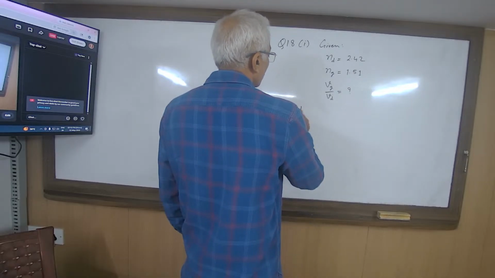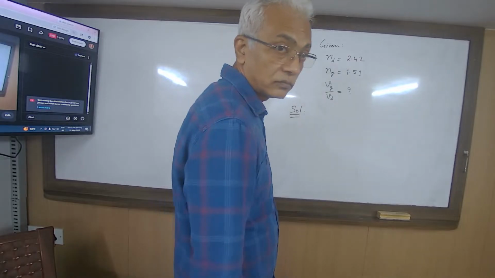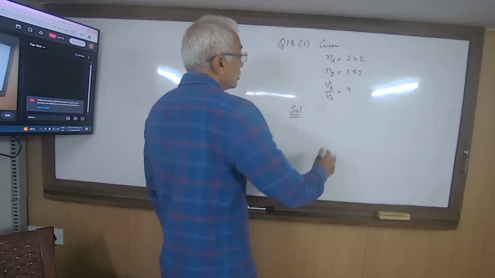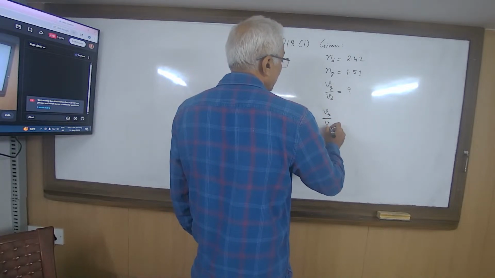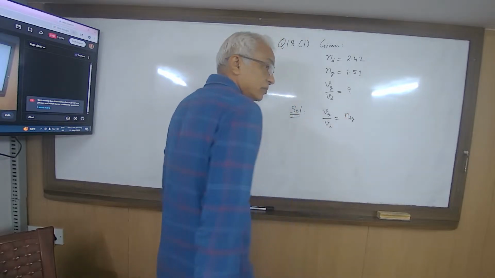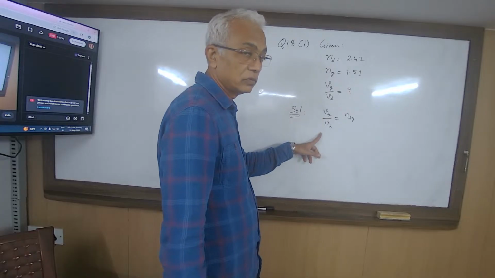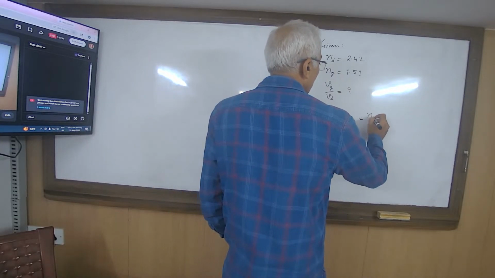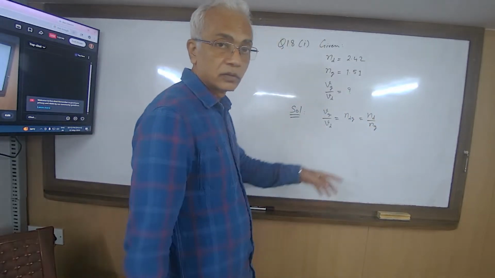So how will you solve such a question? What is the relation between this and this? Now this is Vg upon Vd. This must be NdG. Correct? V1 by V2. But what is NdG? Nd by Ng. You know this, right?